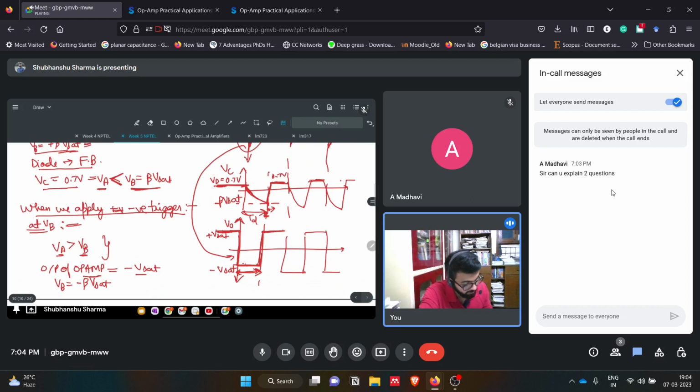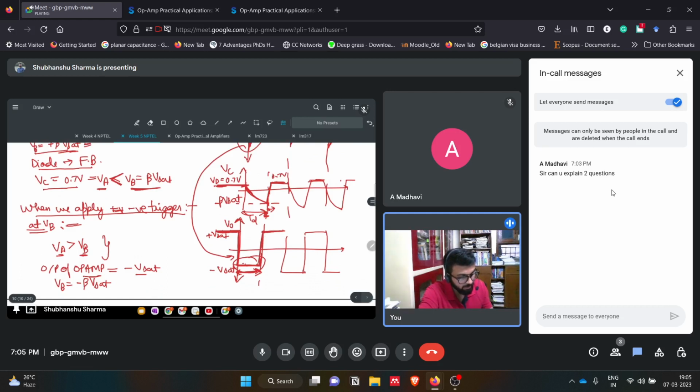Why did this happen? This happened because we gave the trigger. If we wouldn't have given the trigger, it would have remained in the plus VSAT position only. Just because we gave the trigger, it was driven into minus VSAT, and it stayed in that minus VSAT position for some time.